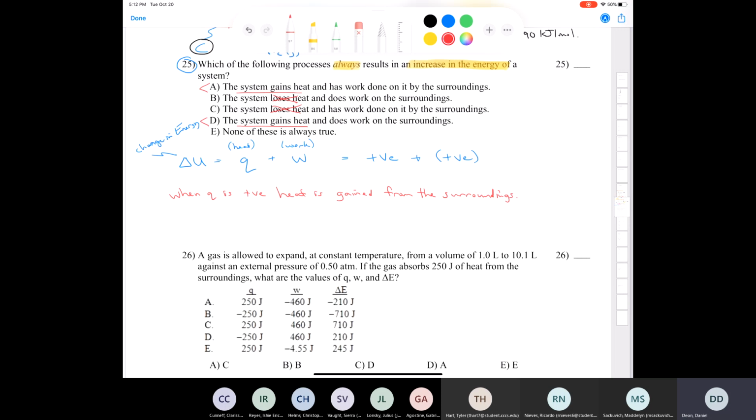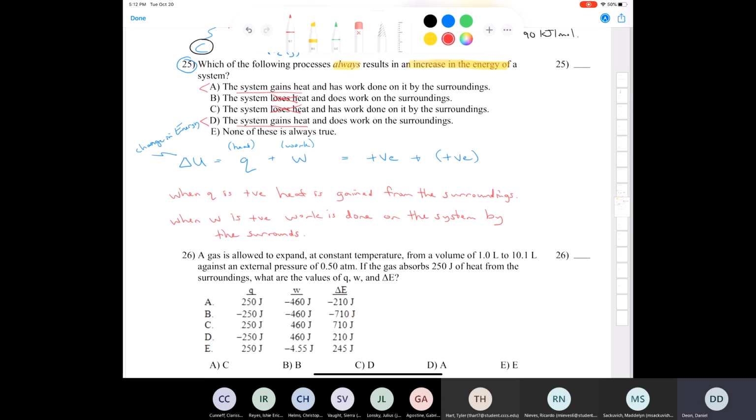So now we need to evaluate W. When W is positive, work is done on the system by the surroundings.